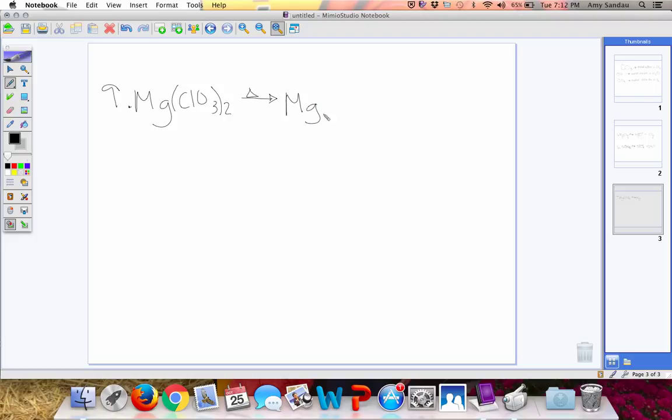The metal in this case is magnesium, and magnesium is a +2. If you're going to make it with chlorine, that's Cl, which is a -1, and when they crisscross, it's MgCl2, plus oxygen gas, which is O2 since it's diatomic.